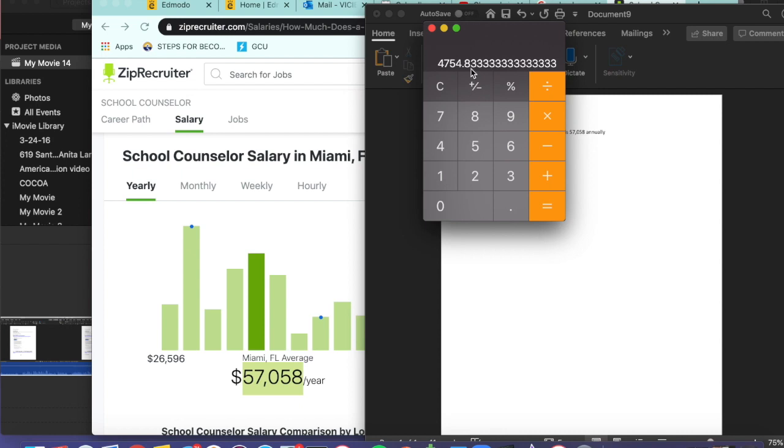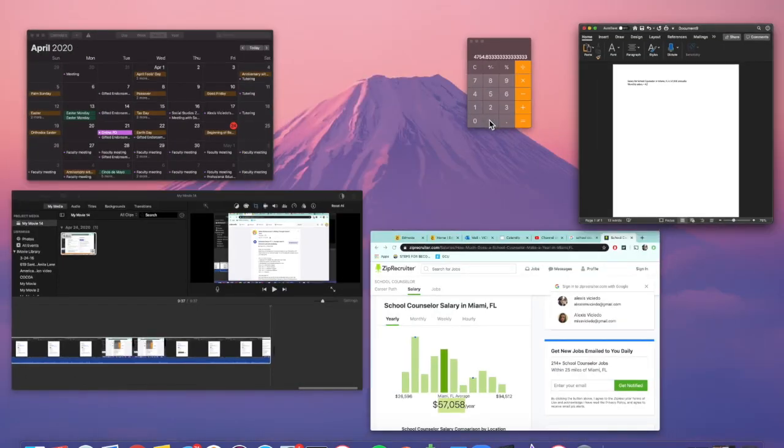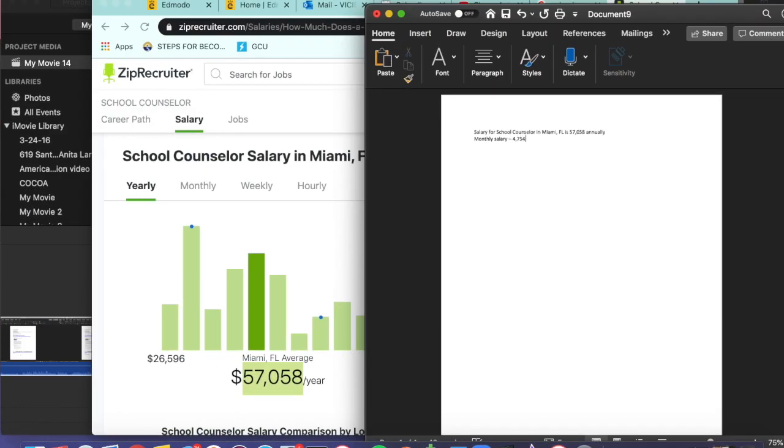We're not going up, so it would be $4,754.83. So the monthly salary is $4,754.83.